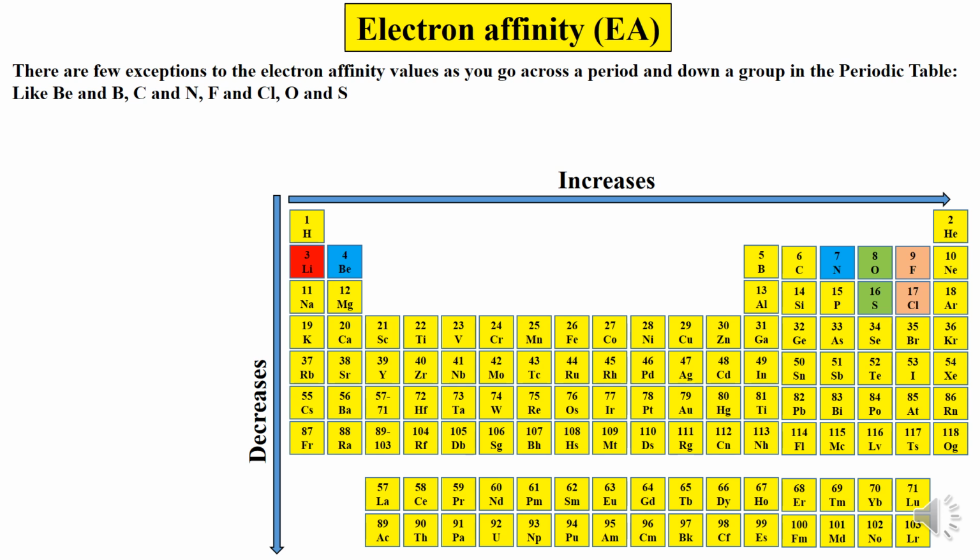But there are a few exceptions to the electron affinity values as you go across a period and down a group in the periodic table, like in case of beryllium and boron, carbon and nitrogen, fluorine and chlorine, oxygen and sulfur. So why is it so? I'll explain in detail later in the video.